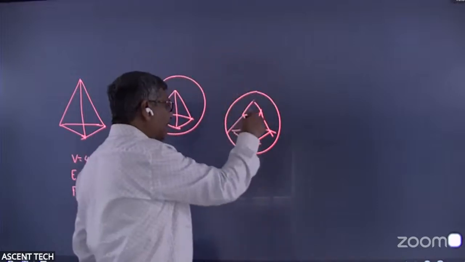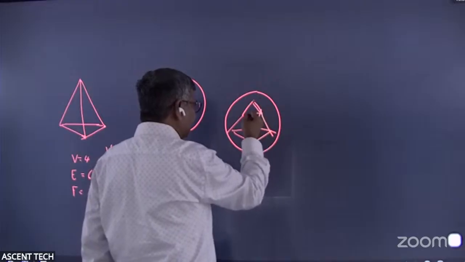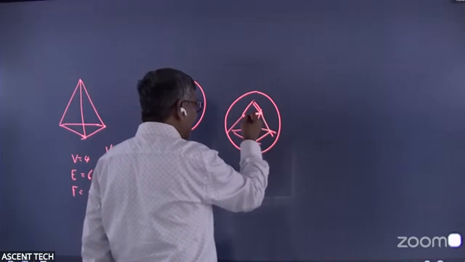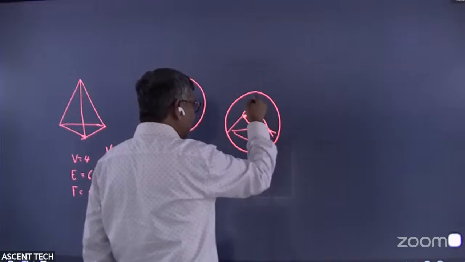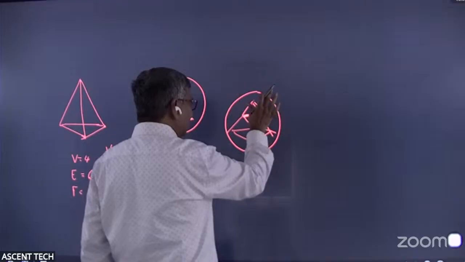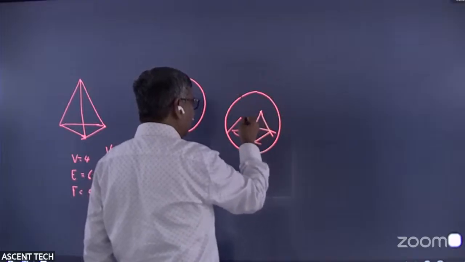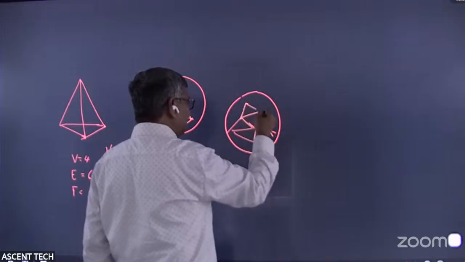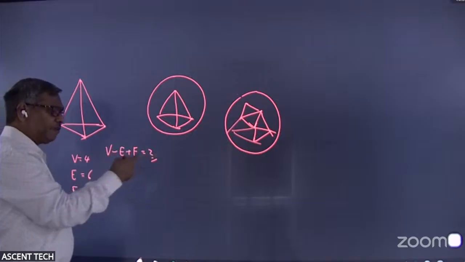For the present, I put a lot of triangles so that any two triangles will share either an edge or a vertex only. You don't want a triangle to go like that. So anyway, if you look at all the triangles that I can prepare, you calculate the number of vertices minus edges plus faces, and it is equal to 2.